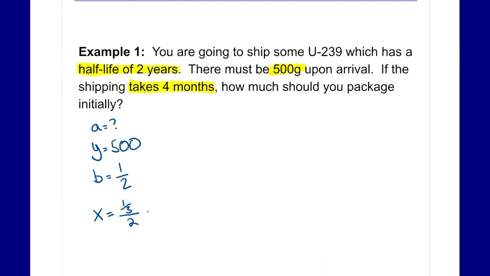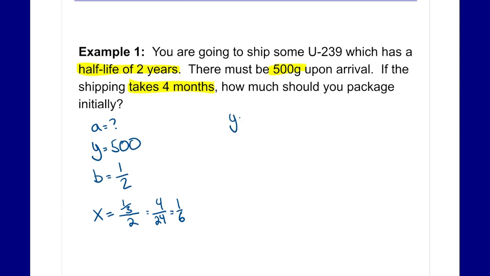Another way you could write it is 4 months over 24, because it's 4 months over 2 years, and 2 years in months is 24. Either way, you can reduce it to 1/6. So that is what our X value is going to be.